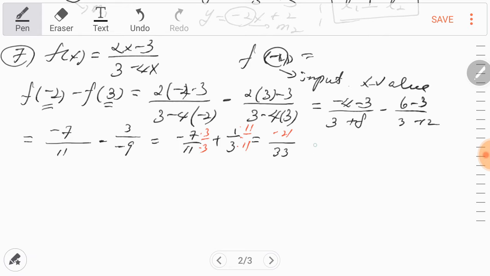So that is equal to denominator 33, the numerator is -21 plus 1 times 11 is 11, right? So this is equal to -21 plus 11 over 33, which is equal to -10 over 33. So this is the answer.